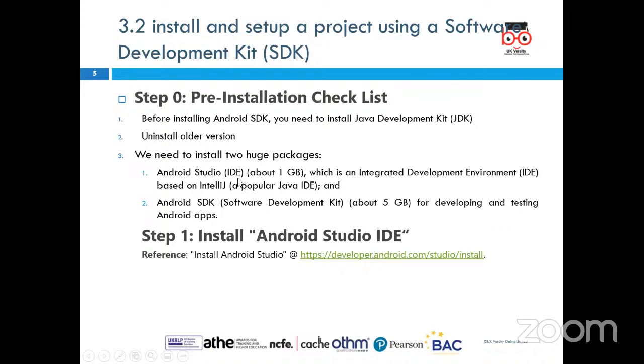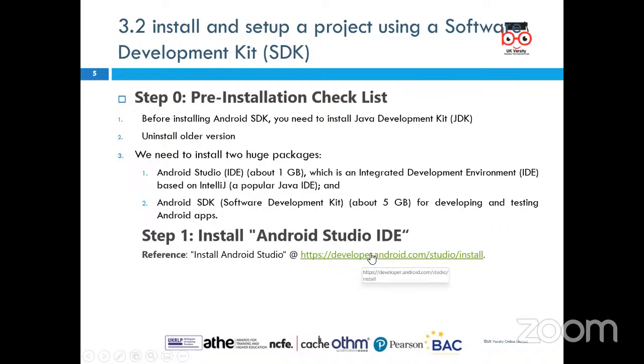If we look into the difference, there's the Android Studio IDE, which is the integrated development environment based on IntelliJ, and IntelliJ is an IDE used for building Java programs. And there's also the Android SDK, which is for developing and testing Android apps. They might look slightly different, but at the end of the day, they have the same purpose.